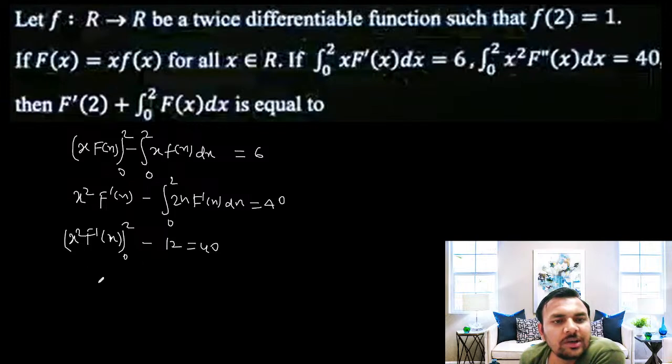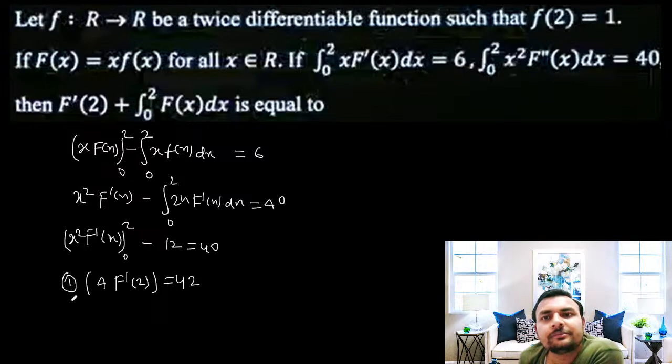So this is equal to 4 f dash 2 equal to 42. One thing we got.